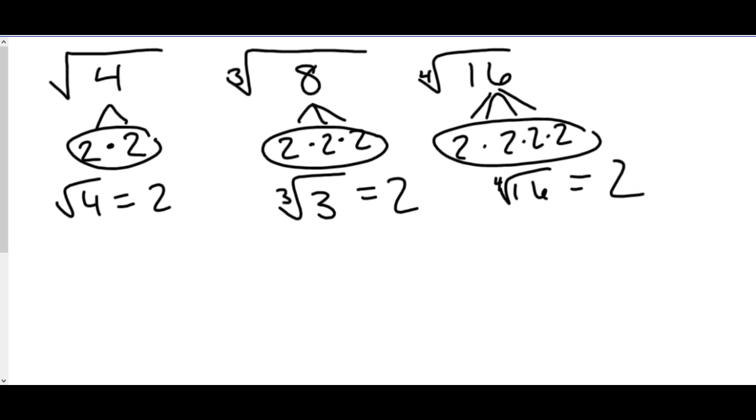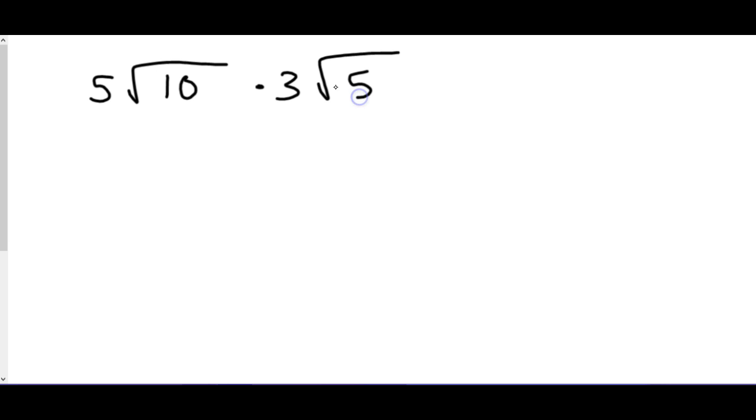So we're going to be working with multiplication and division of these radical expressions. When you're multiplying radical expressions, you can only multiply the numbers outside of the radicals together and the numbers inside the radicals together.